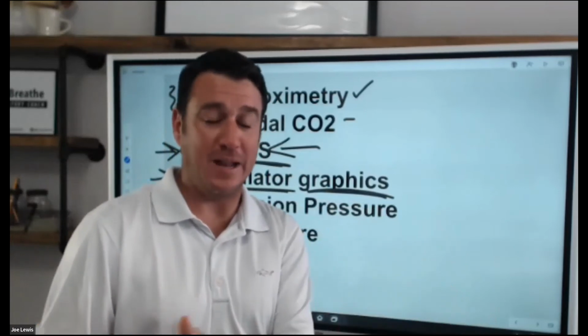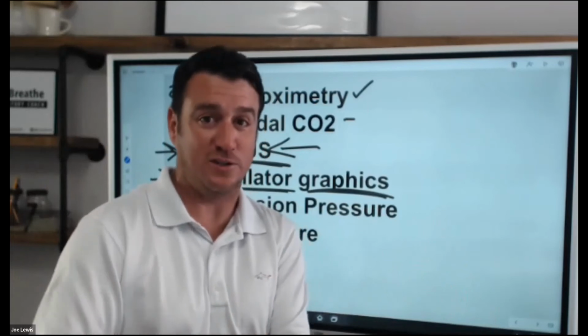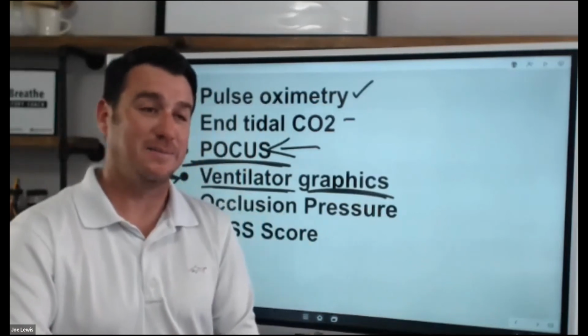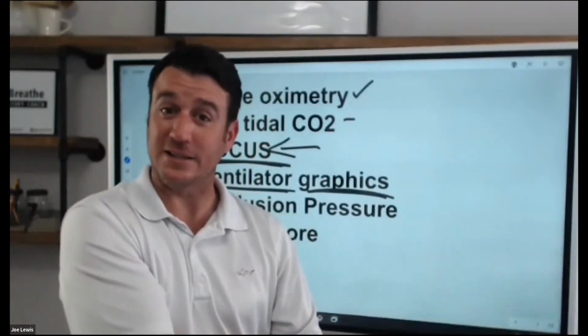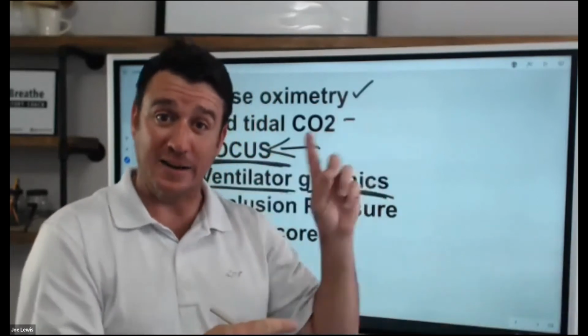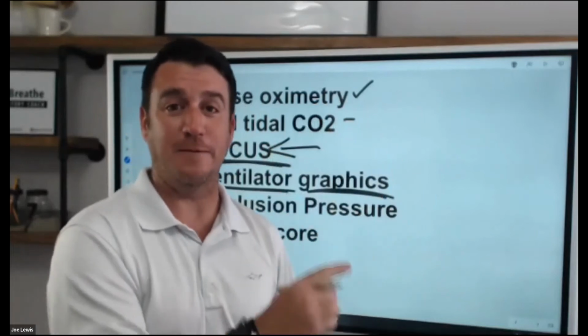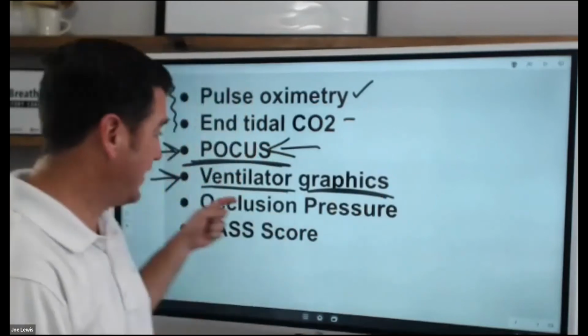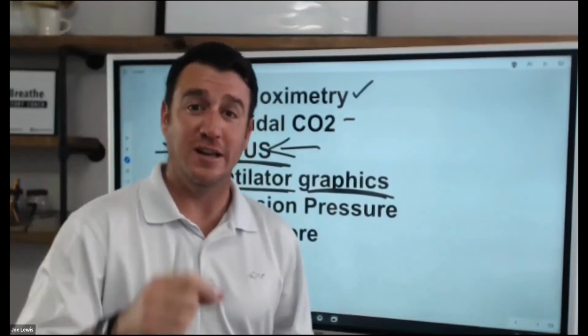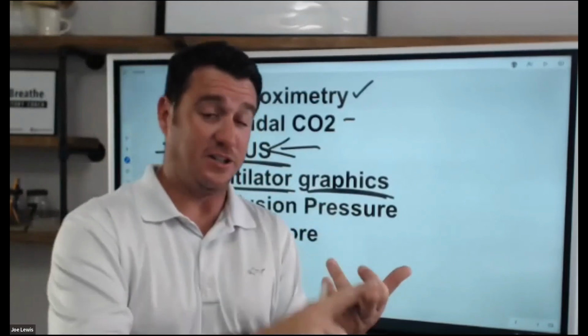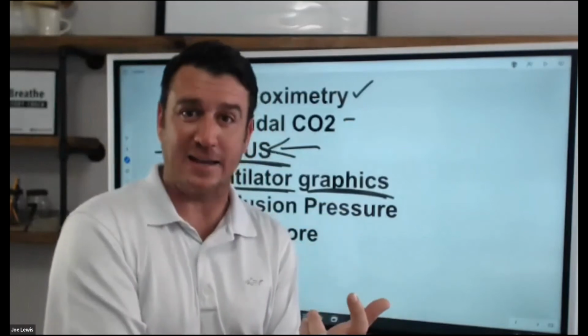Not give more medications to the patients so that they breathe more like the ventilator. That's not the goal here. Remember, the idea of this started with how can we impact patient outcomes? Ventilator graphics. You can easily recognize flow hunger. You can easily recognize double triggering or breath stacking.